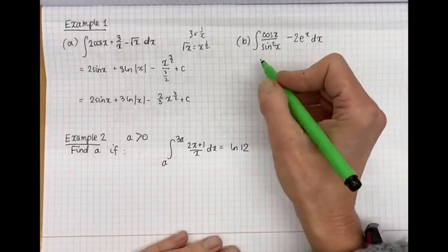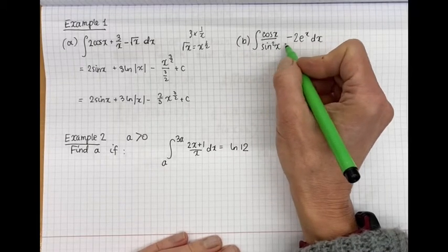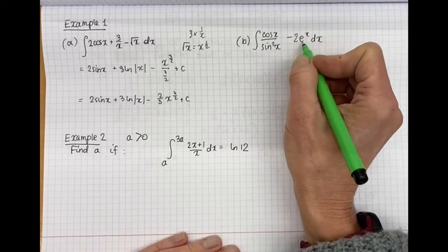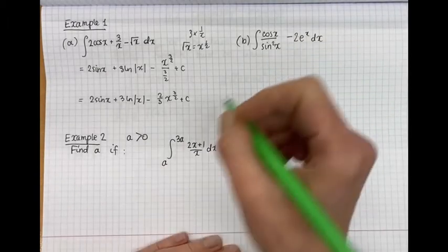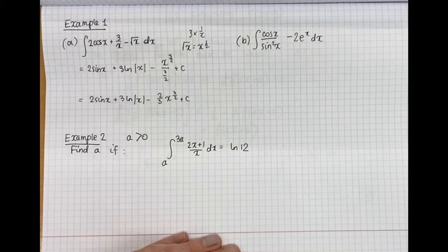Part B, you've got the integral of cos x over sine squared x minus 2e to the power of x. So 2e to the power of x, that will be easy. But what do we do here? Well, you've got to be able to use one of the standard results.